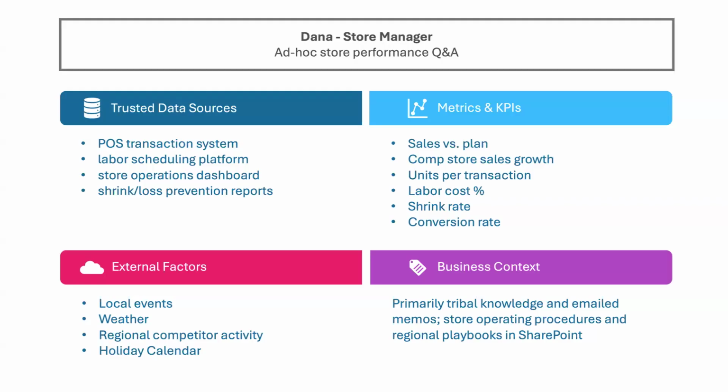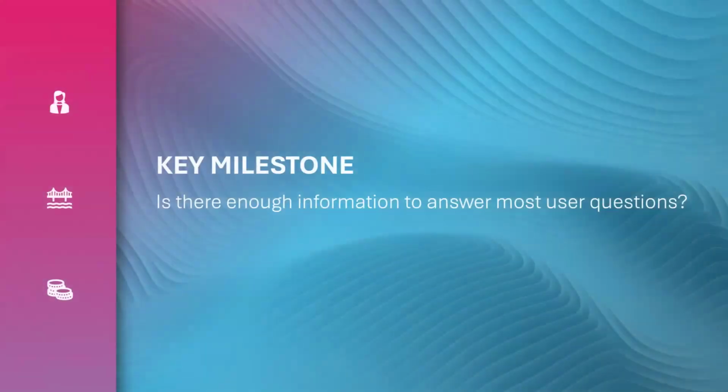So you get a sense of your entire landscape in detail, and then really your milestone or your validation step is you ask the question: is there enough information based on the entire information context there to answer most of the user's questions that I need? And it has to be the vast majority of questions that you need to answer in order to generate the value for the use case, right?